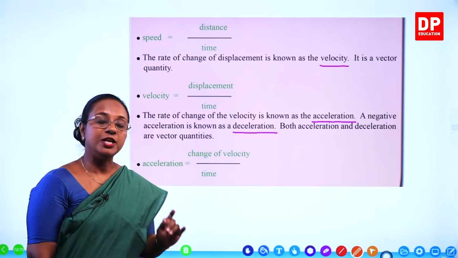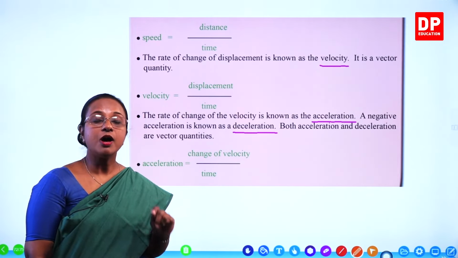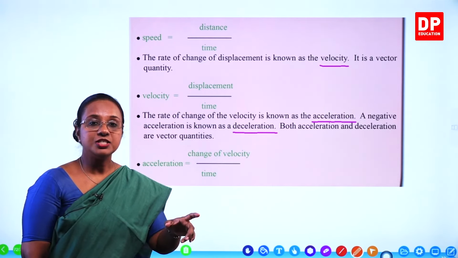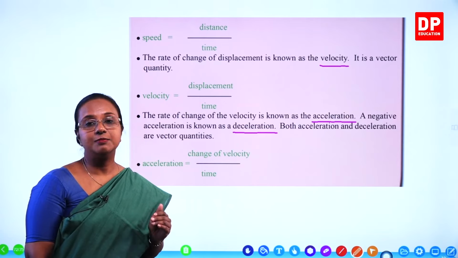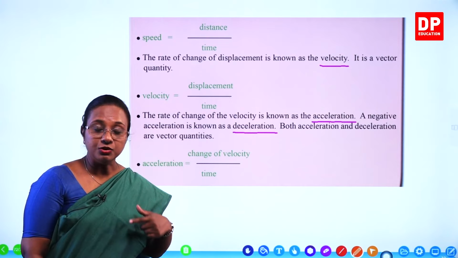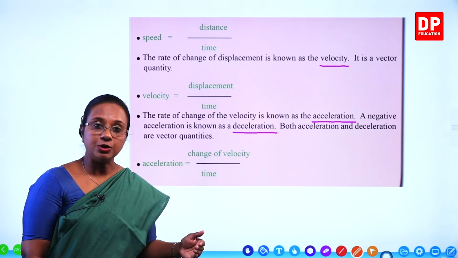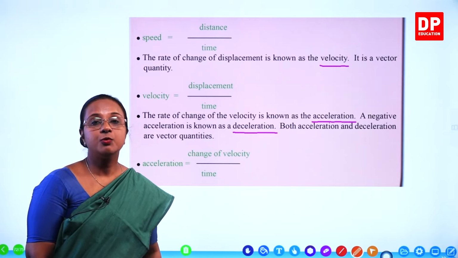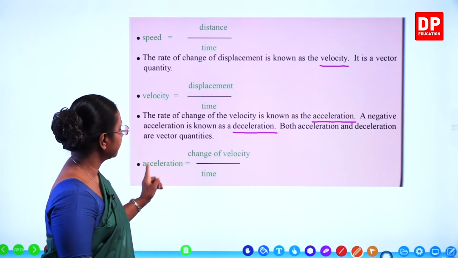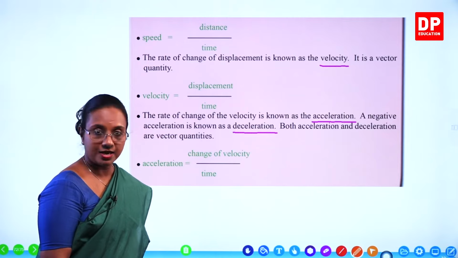So always when you do the calculation, write the equation for acceleration. You say acceleration equals change of velocity divided by time. And when you get the negative value, you rewrite it and write it as deceleration equals a positive value. So here the equation is acceleration equals change of velocity over time.